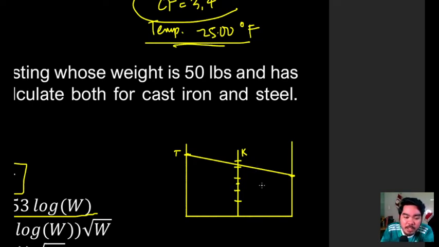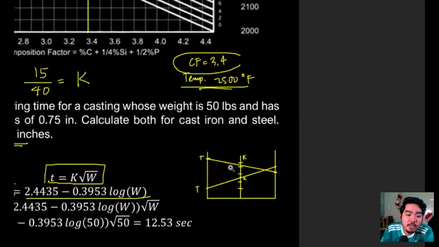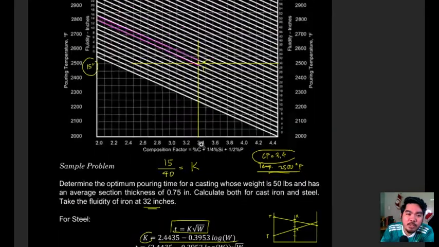If you're given a K value and a composition factor, you can predict the optimum pouring temperature. This graph can also be used for that.